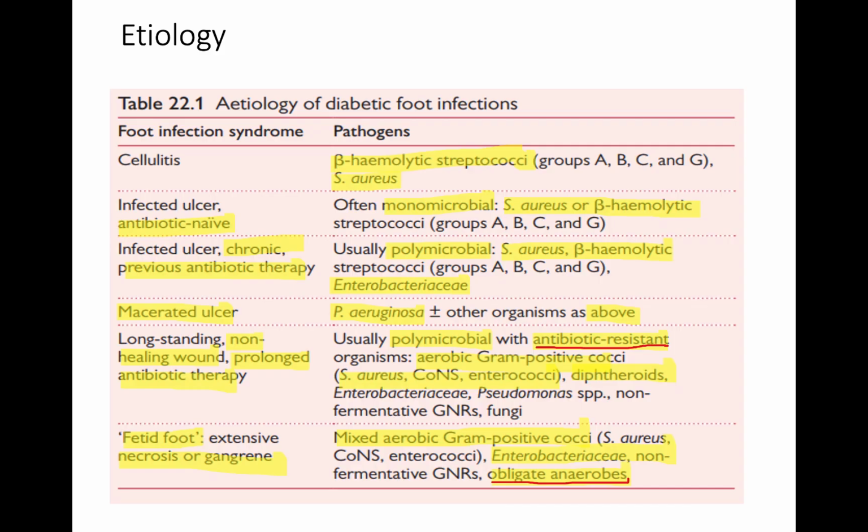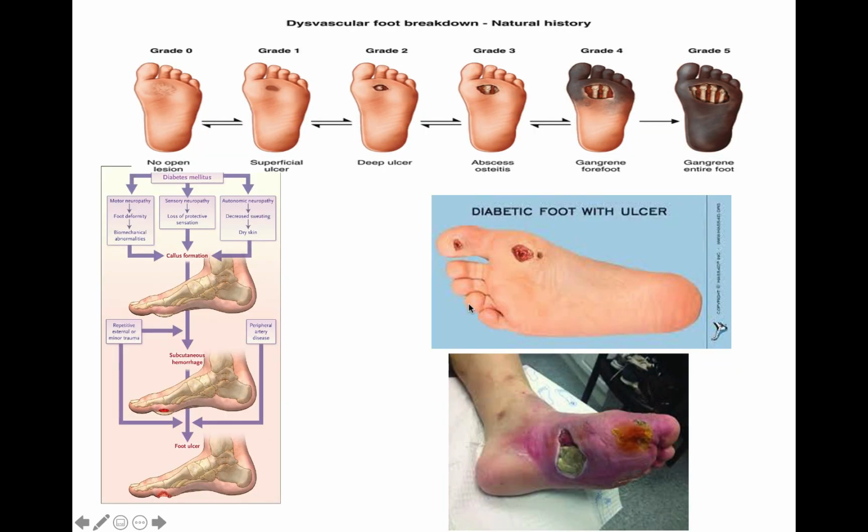This is the most important part, this table, which is in Oxford. So this vascular foot breakdown starts as a non-open lesion, and then a superficial ulcer which will open up to make a deep ulcer.